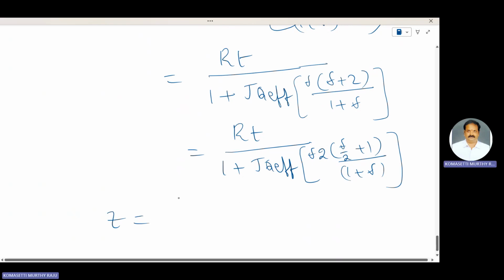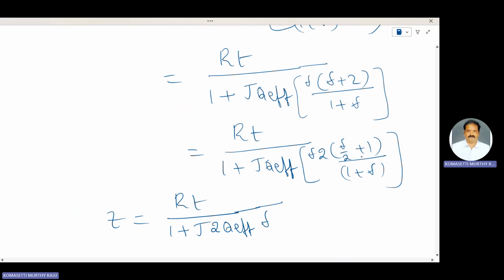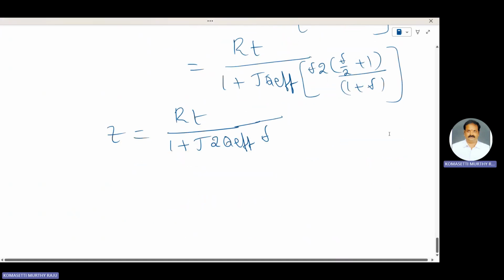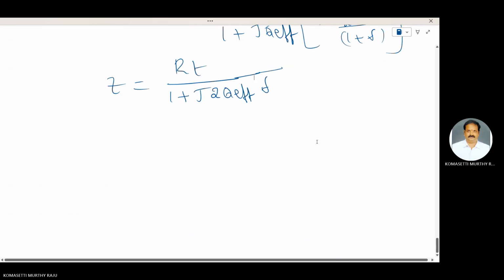Therefore, Z is equal to RT by 1 plus j 2 Q effective into δ. δ by 2 is less than 1, and δ is less than 1. These two are neglected. Therefore, finally, Z is equal to RT by 1 plus j 2Q effective δ.